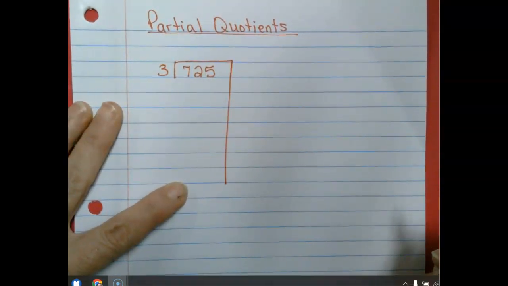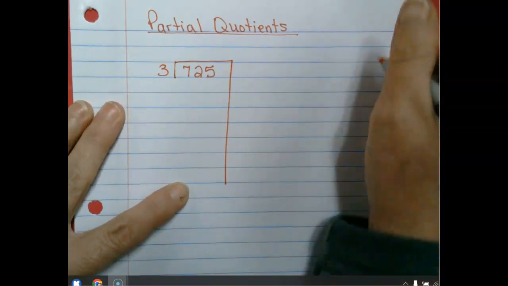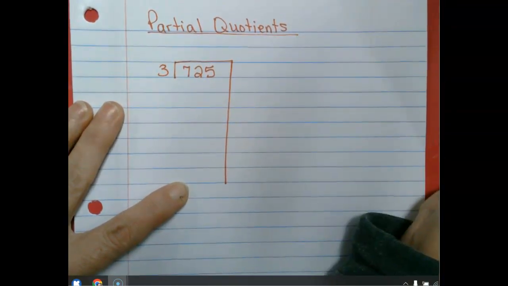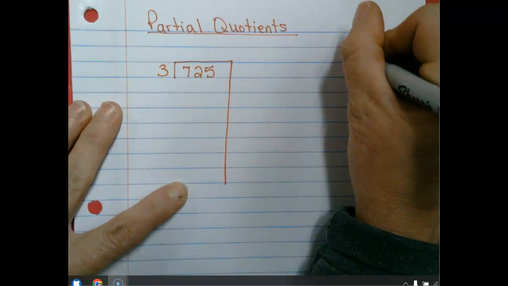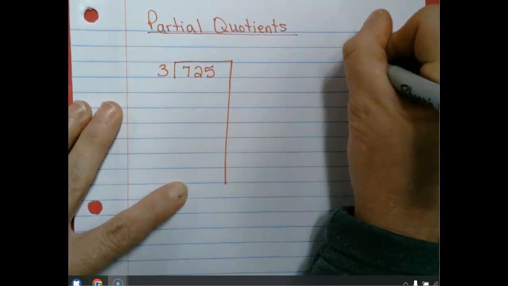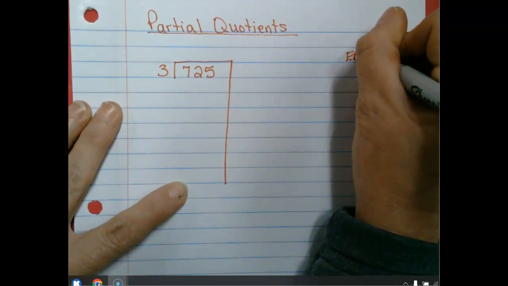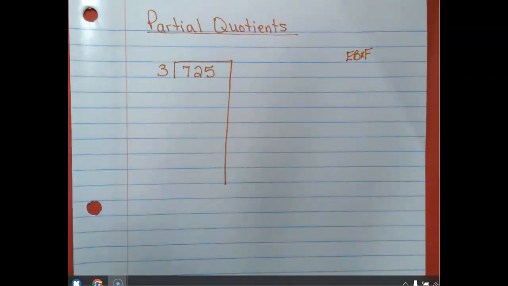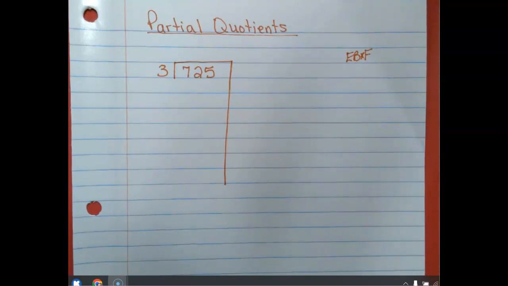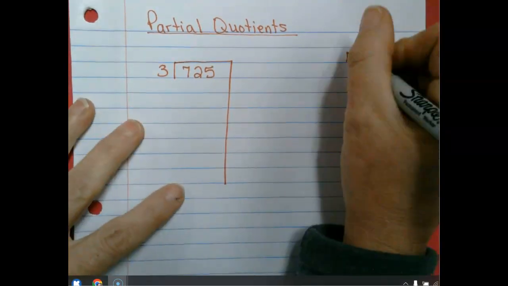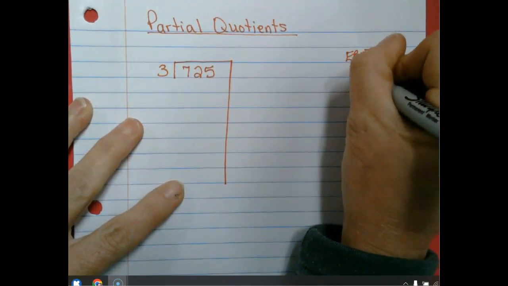Okay. Now, I'm going to come over here and I'm going to do what I showed you in the last video. We're going to go back to doing our easy breezy multiplication facts, okay? Because again, this is going to help me as I'm factoring down this problem. So, the first one that I'm going to do is my 3 times 2, okay?